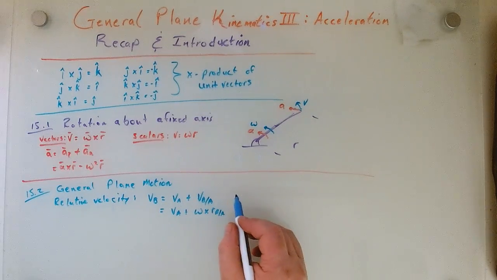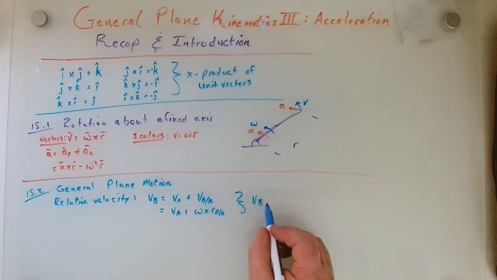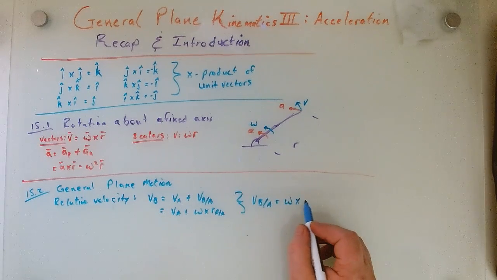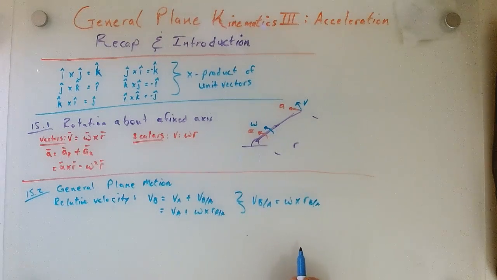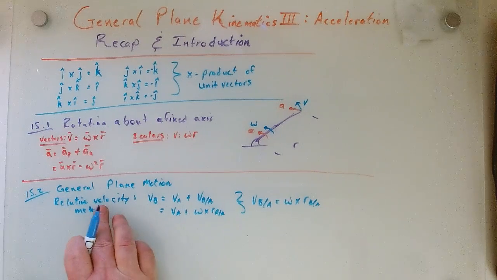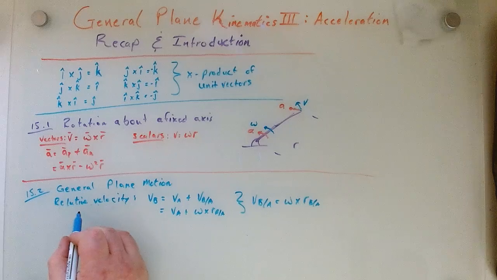So this implies that vB with respect to A is equal to omega cross rB with respect to A. So this was our relative velocity method.